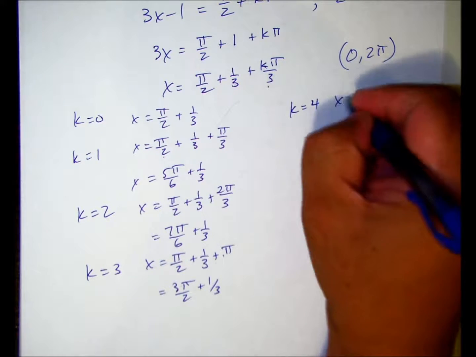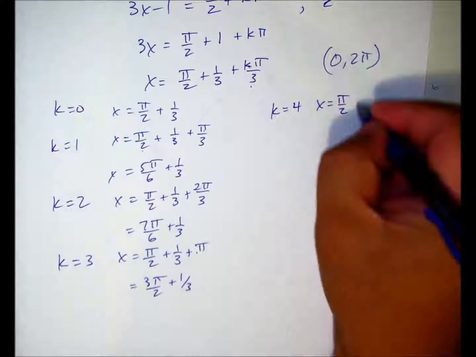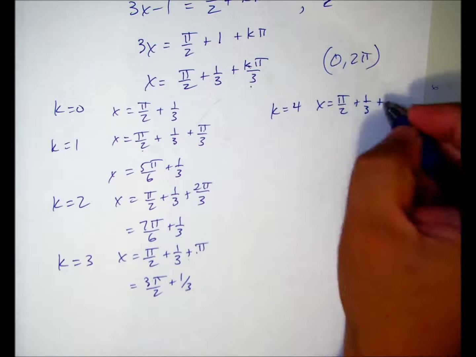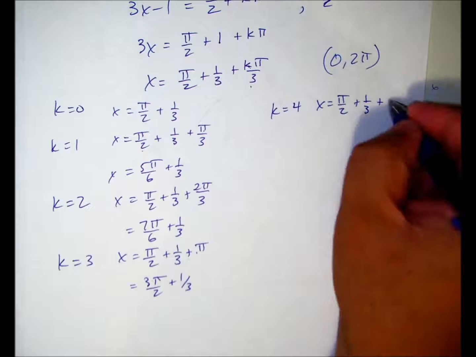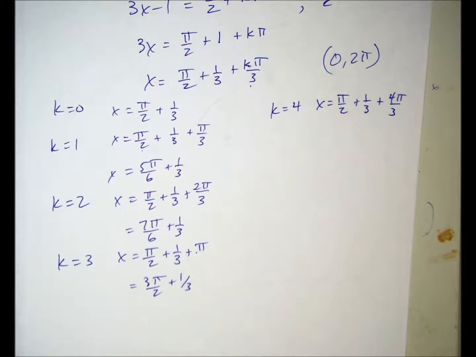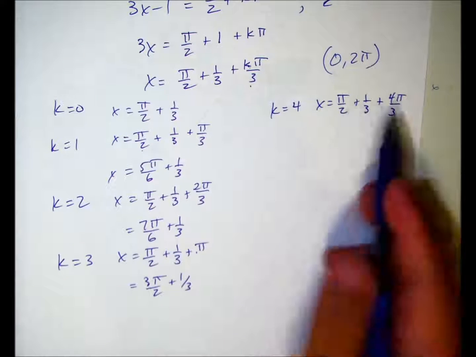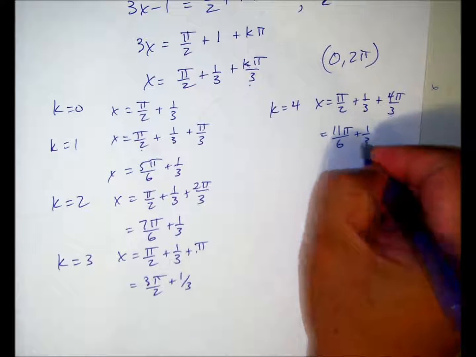So that's going to be pi over 2 plus 1/3 plus, what's going on? I forgot already. 4 pi over 3. Okay, 4 pi over 3, same as 8 pi over 6, plus 3 pi over 6, so 11 pi over 6 plus 1/3.